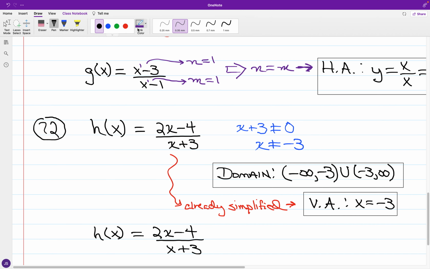And a bit of history repeating, we have the same thing in the denominator, where we have x as a variable term, also first order. So n is equal to 1, and m is equal to 1, and n is equal to m.